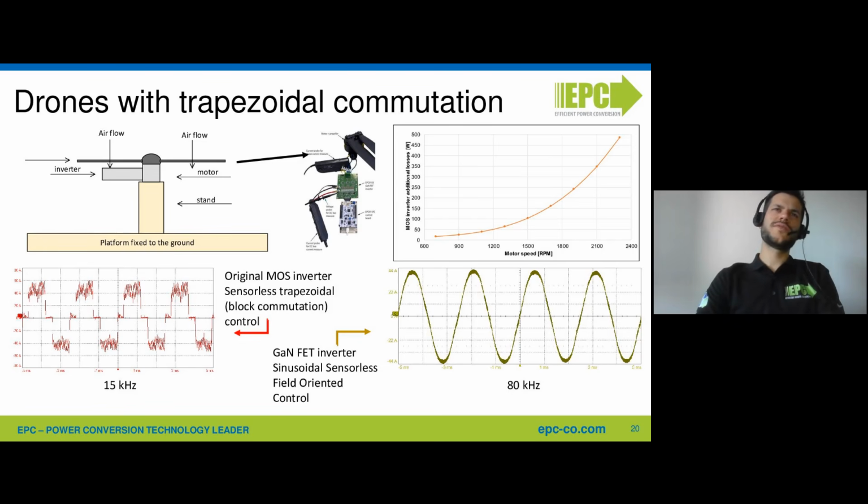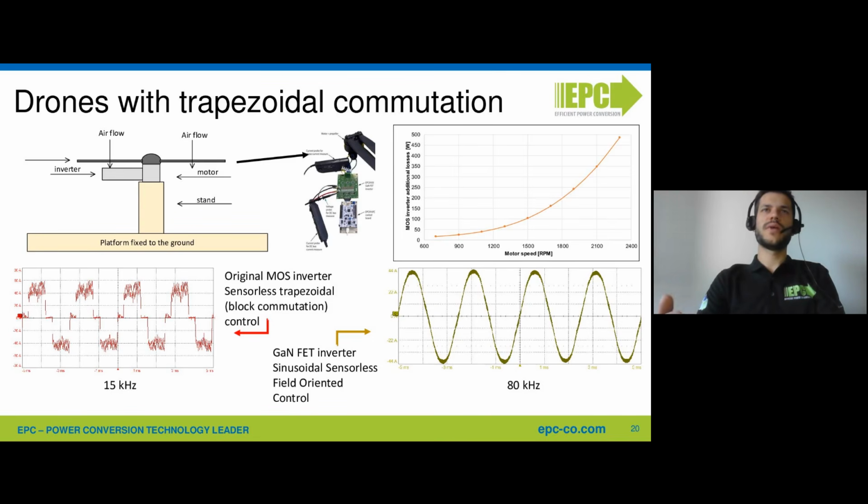So we have done tests by running the original MOSFET inverter of these propulsion systems, and then we have characterized it to discover what was the modulation frequency and the other modulation characteristics of the MOSFET inverter, and then we have run it with our gallium nitride inverter with the tips that should be used when using a gallium nitride inverter, and we have measured the input power required to run the motor at increasing speed.